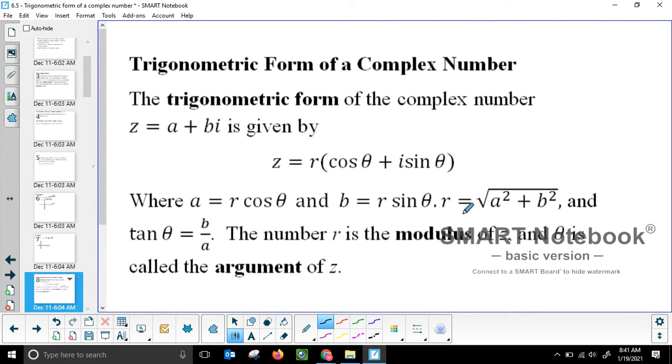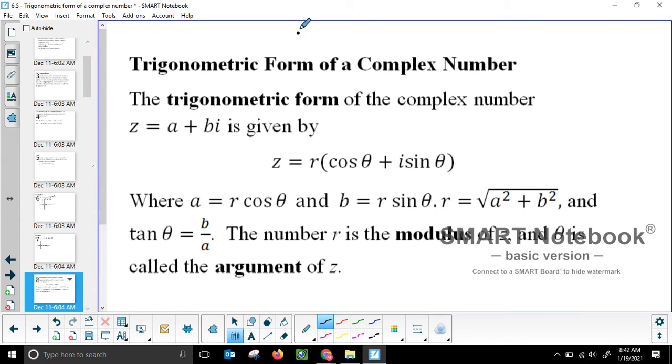All right, so of course, a plus bi is the standard form of a complex number, which is also often referred to as the rectangular form. So standard and rectangular form is a plus bi.